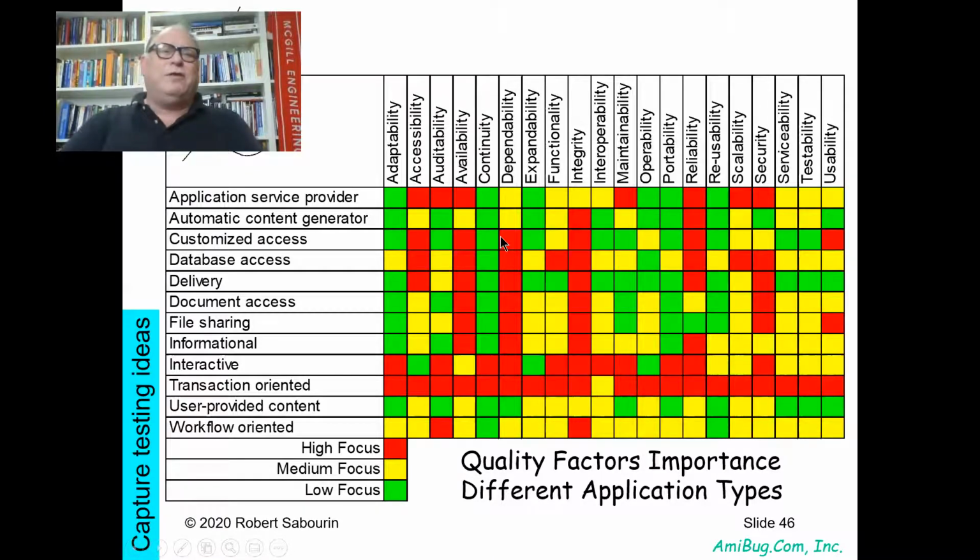Quality factors are often called ilities, mostly because many of them are described with words that end with I-L-I-T-Y, ility: adaptability, accessibility, auditability, availability, interoperability, maintainability, portability, reliability, reusability, scalability, serviceability, testability, usability.